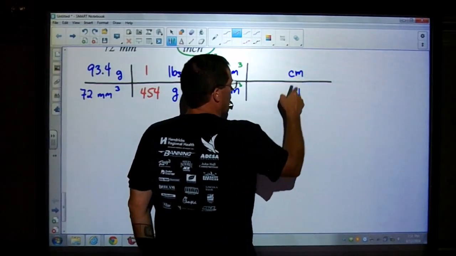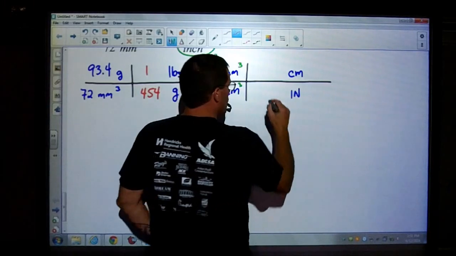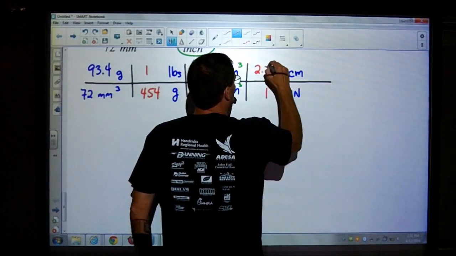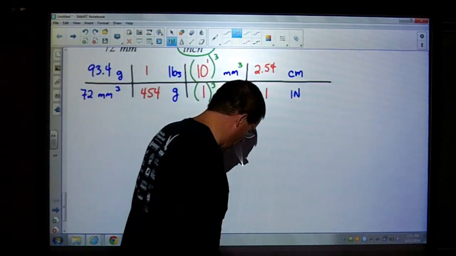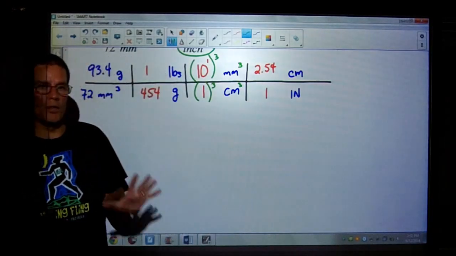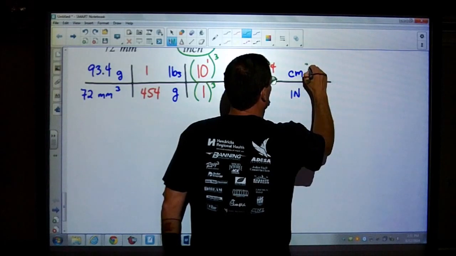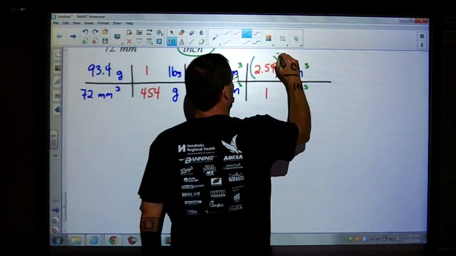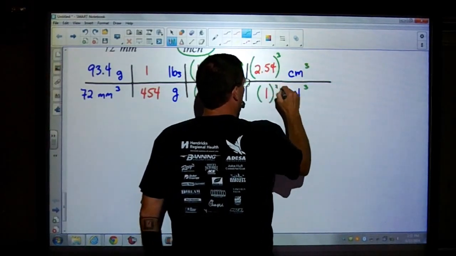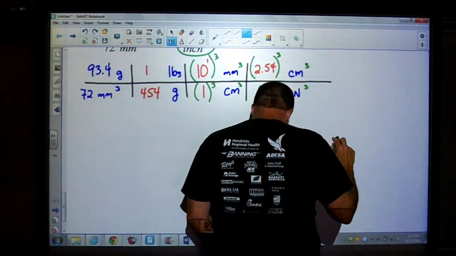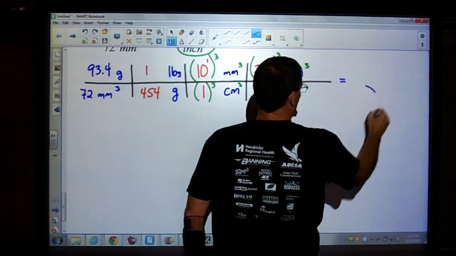Which one's bigger, an inch or a centimeter? 1 inch, and there are 2.54 centimeters in every inch. That's a conversion that'll be given to you. Let's cube that up. So put our cubes on there, which means that we need to cube these up. Okay, and it looks like we have everything that we need.